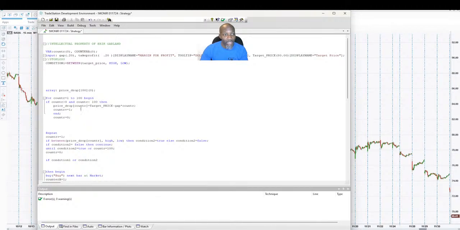Because like I said, using the array is going to find the 100 iterations of 80 minus 20 cents, minus 20 cents, minus 20 cents. So it's just finding everything 100 iterations down. And we'll keep it at 20 cents there.